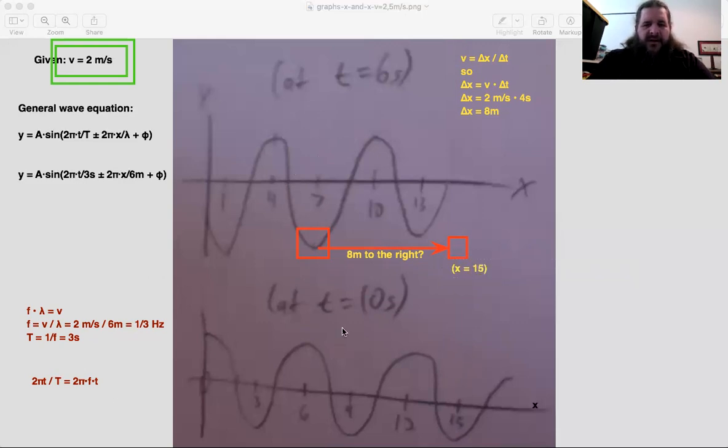That's one possibility. Or maybe, because we don't know the direction of travel yet, that trough moves 8 meters to the left and ends up where?